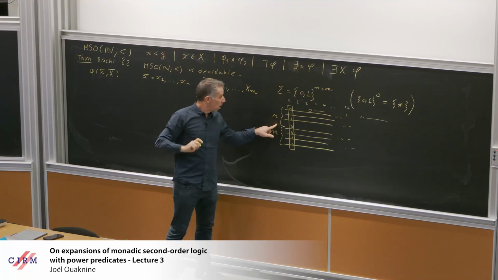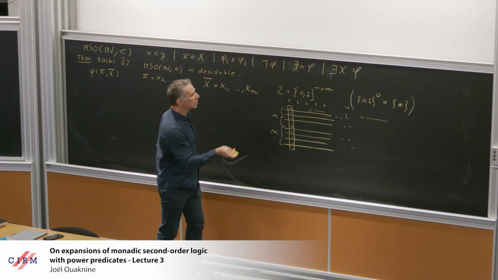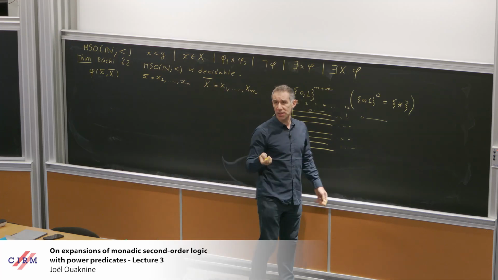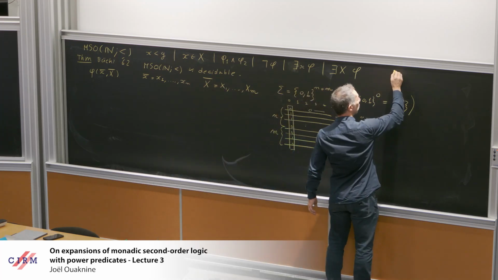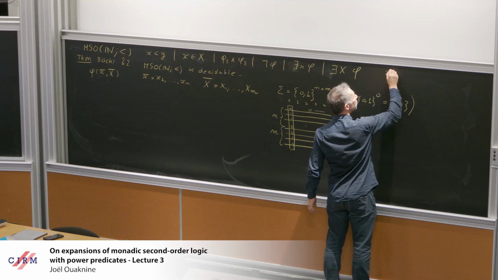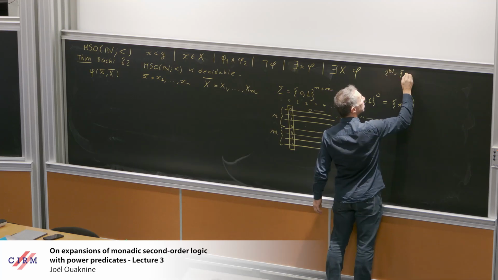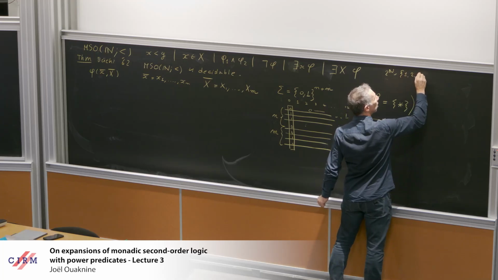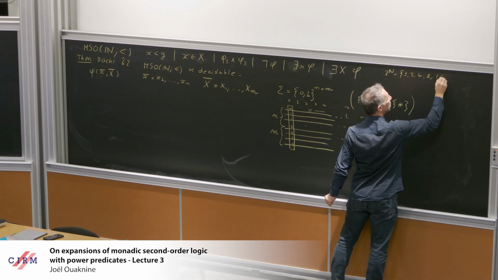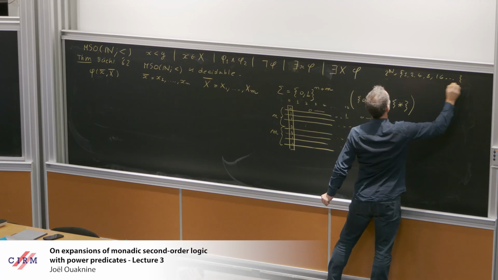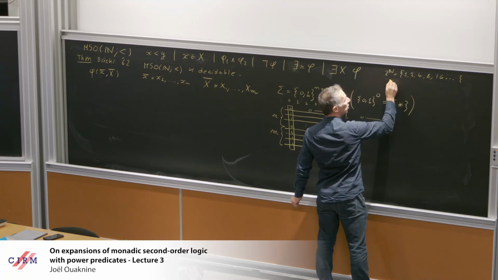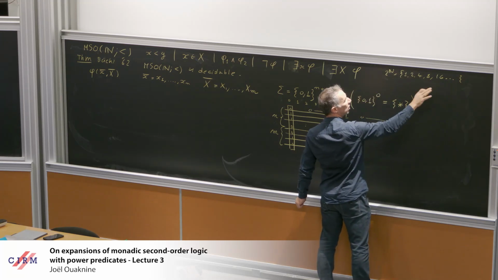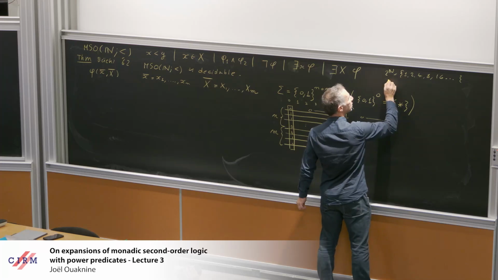Now, what about the sets? Suppose I've got the set of powers of 2. So I begin at 0, and it's going to be 1, 2, 4, 8, 16. Now I can view this set as a word. What is the word in question?